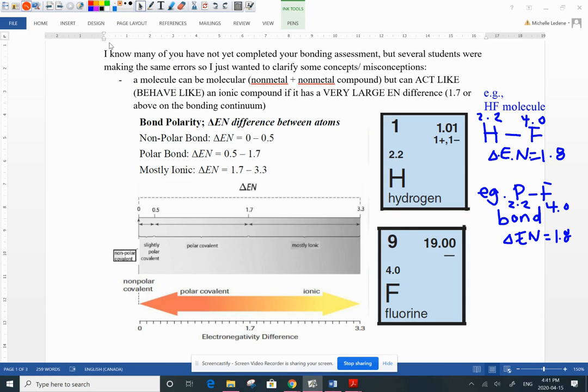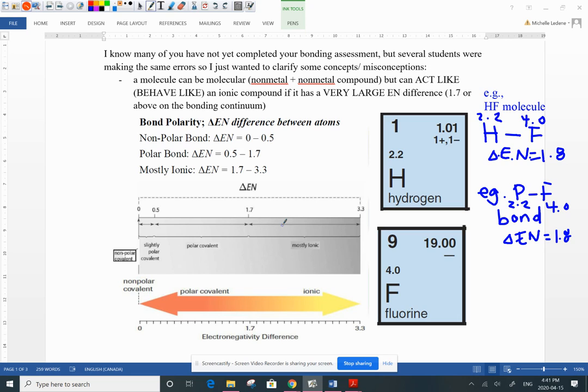I actually have two examples. Hydrogen fluoride molecule. Now I know hydrogen is on the left side of the periodic table, but generally it acts as a non-metal.